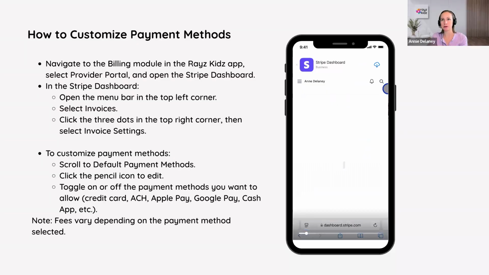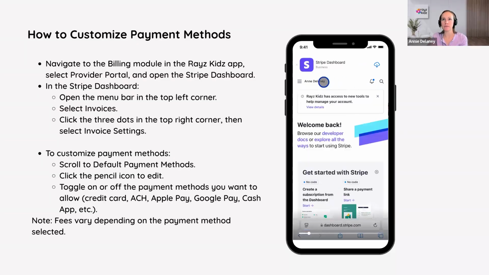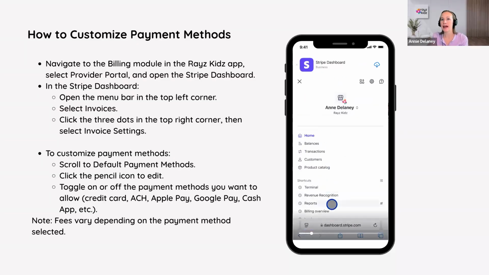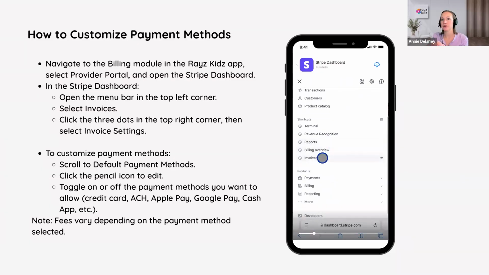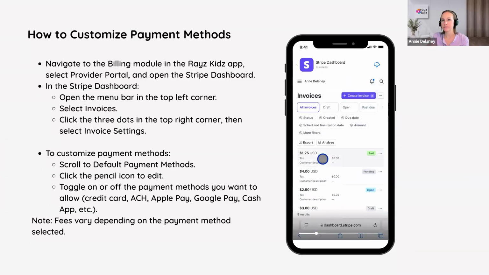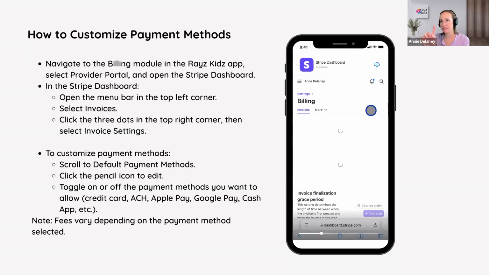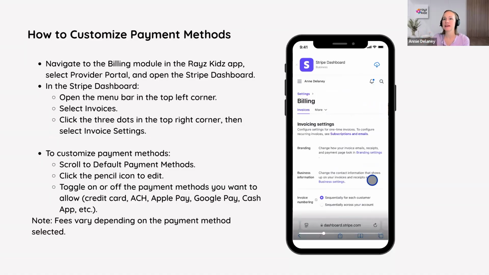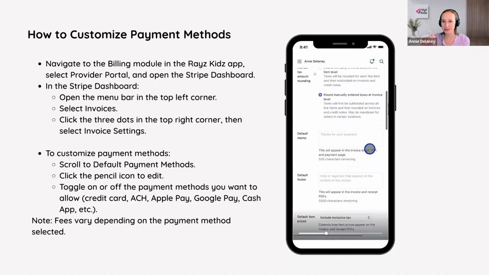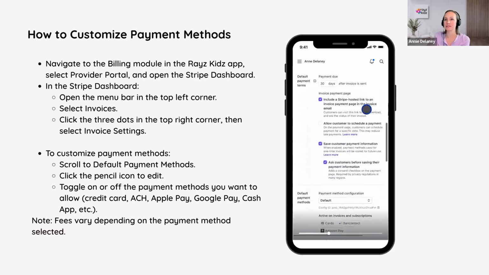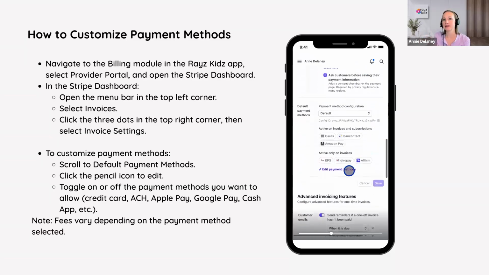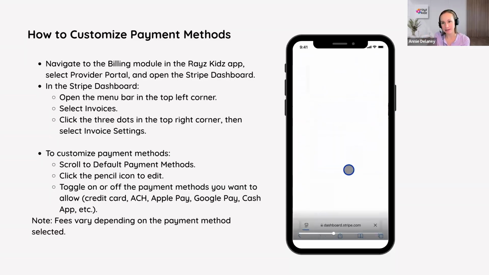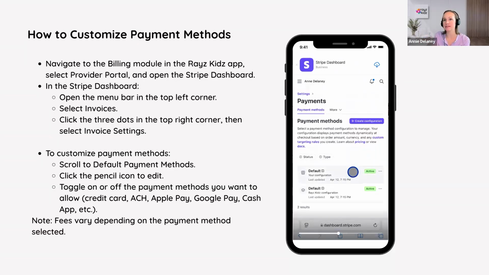So you're in your Stripe dashboard here. You're going to go to the menu bar in the top left corner and go ahead to your invoices. And here you can then select the top 3 dots at the top to get to your invoice settings. And now is when you scroll down so you can find those advanced invoicing features. Here you will be able to edit your payment methods by selecting that pencil button, Edit Payment Methods.